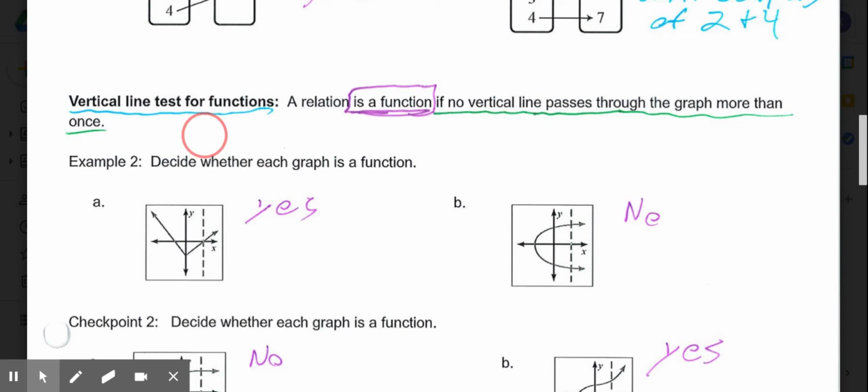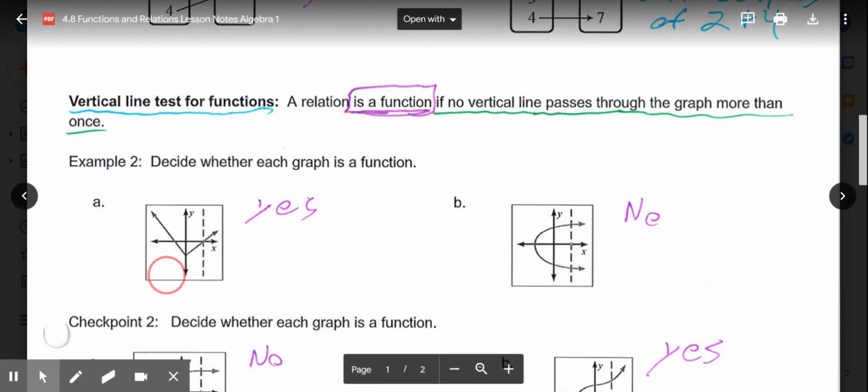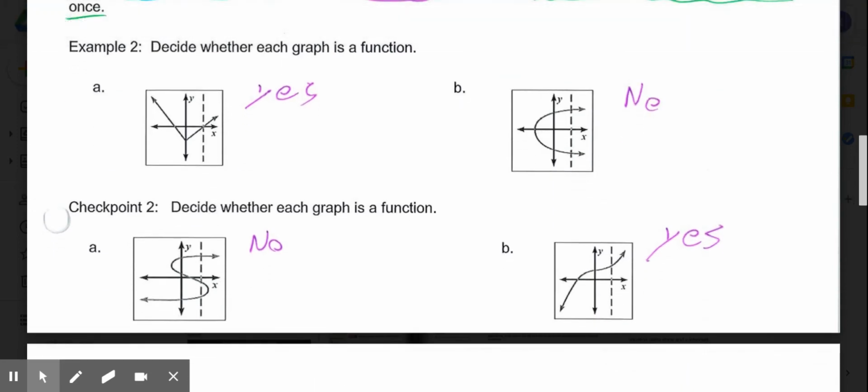So if you would draw a series of vertical lines, and if at no point they cross the graph more than once, that graph is a function. If they cross the graph more than once, it is not a function. So the vertical line test, if it only passes through the graph once, function. More than once, not a function. So let's look at a few examples here.